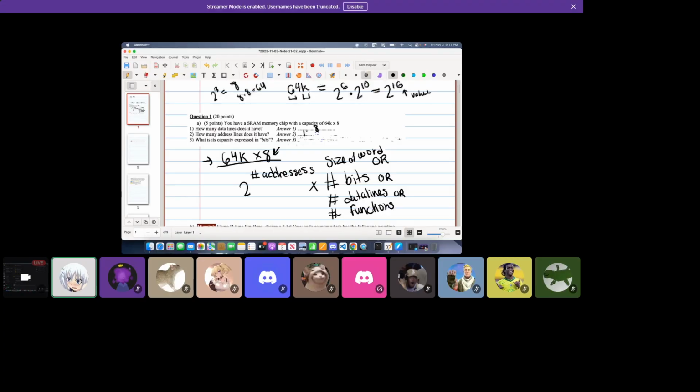So we have 16. Now, what is its capacity expressed in bits? It's just telling us in total how many bits we have. With that value, we take these two and combine them. We have 2 to the 16, and we know that we have 8 for the number of bits, or number of data lines. These are the two things we're using. So we multiply by 2 to the 3, which equals 2 to the 19.